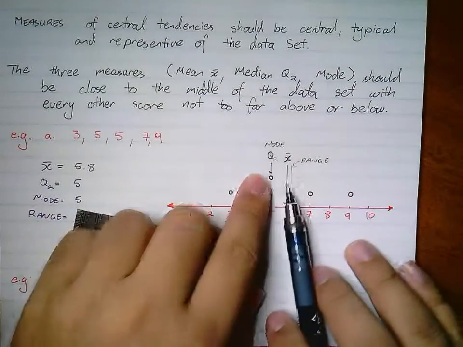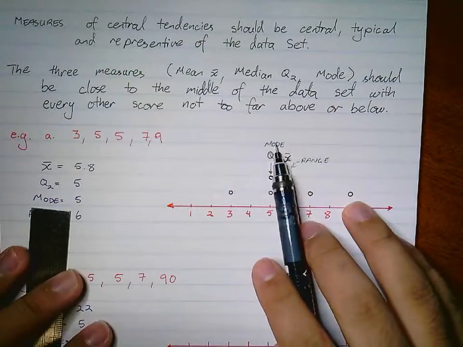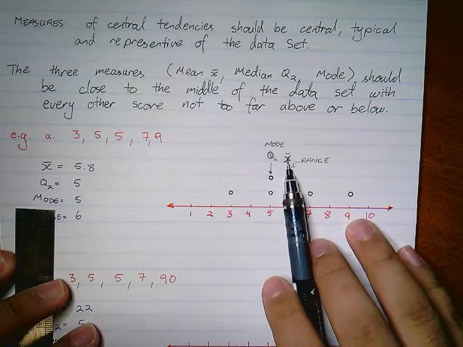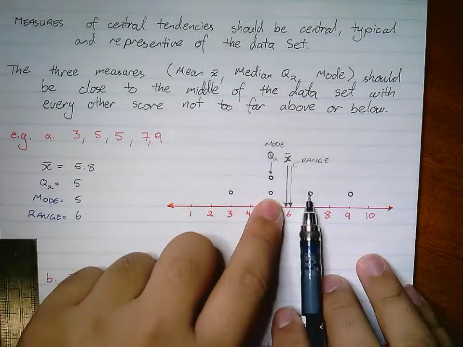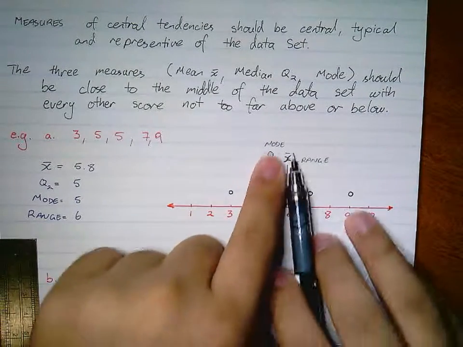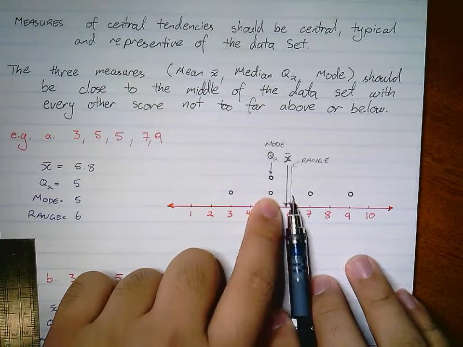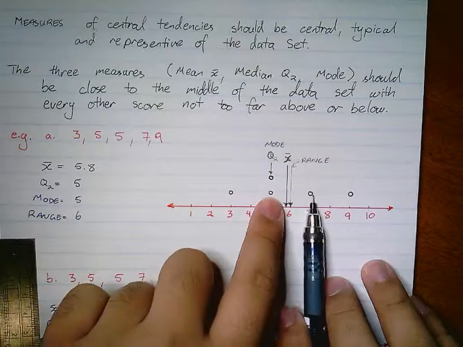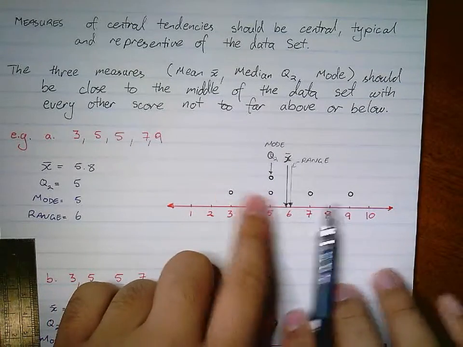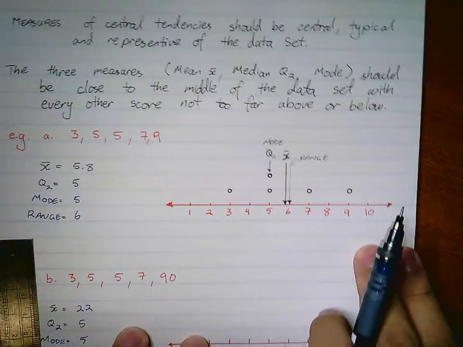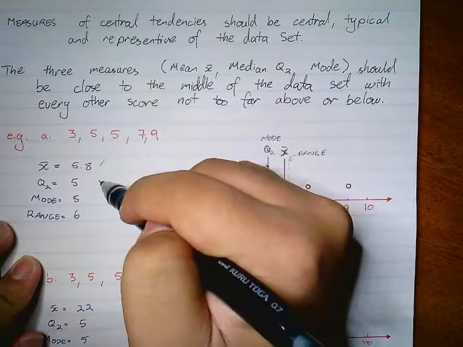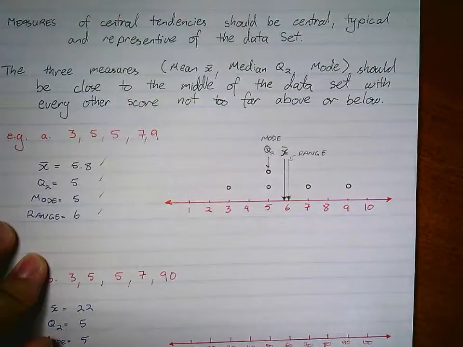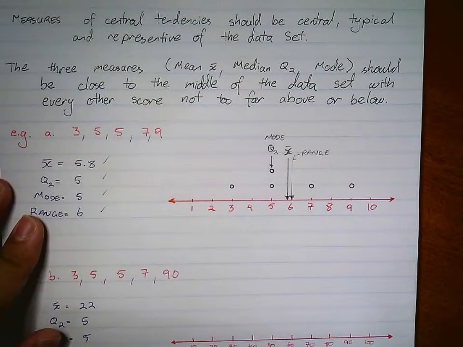Now, take a look at these numbers: the mode, the median, the mean, and the range. Notice how it's about the middle of the data set, and each of the numbers in the data set aren't too far above or below it. Okay, so all of these are good measures of central tendency.